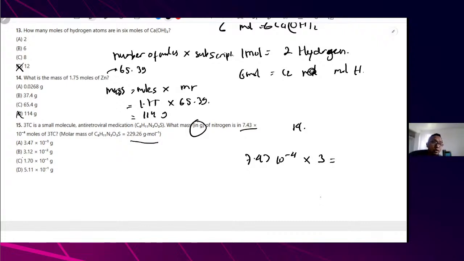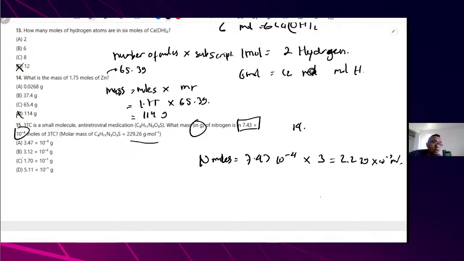Okay, times 3. So we ended up getting 2.229 times 10 minus 3 mole. So we get n moles. Here is n mole. Okay, this is for 1 mole, and then we get 3 moles, so it should be this one.